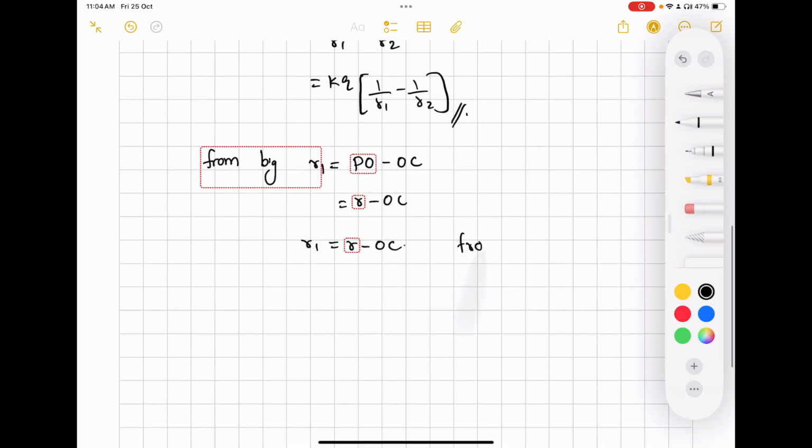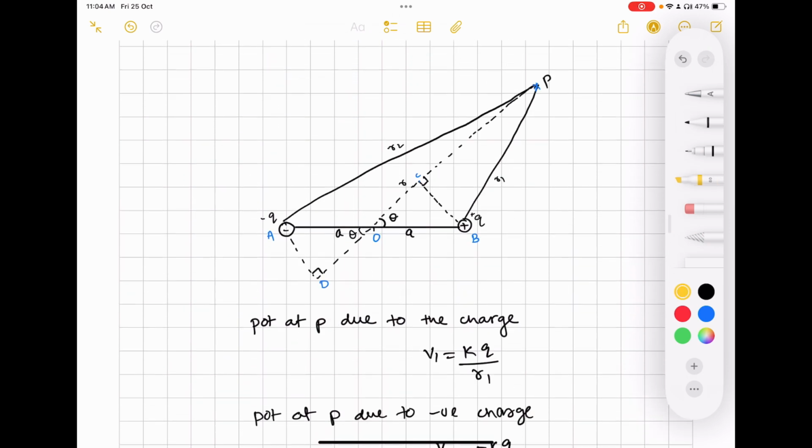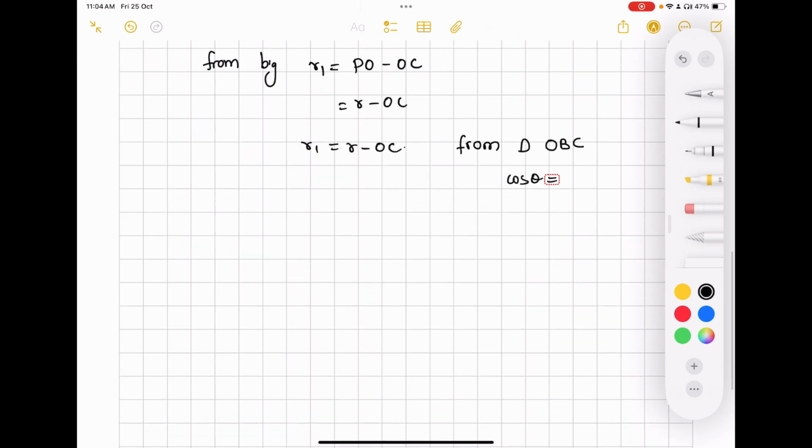From the triangle OBC we can find cos theta equal to OC by A, so OC is equal to A cos theta. Therefore we can write R1 is equal to R minus A cos theta.